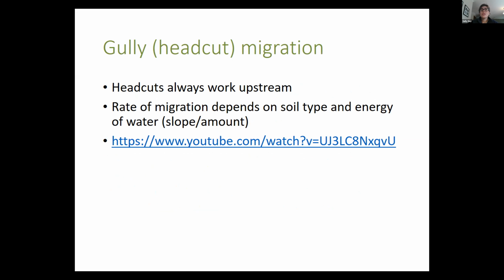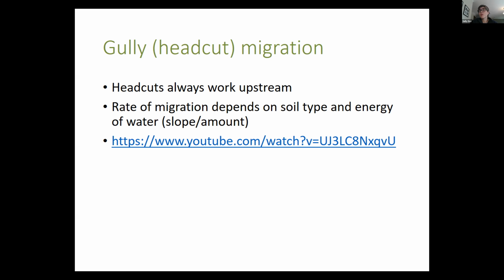So just in terms of how gullies form and migrate, we'll show you a little movie in a second, but the basic concept that everybody needs to understand is that head cuts will always work their way upslope and in an upstream direction. So you'll get these waterfall features that basically form, and that's what we call a head cut.